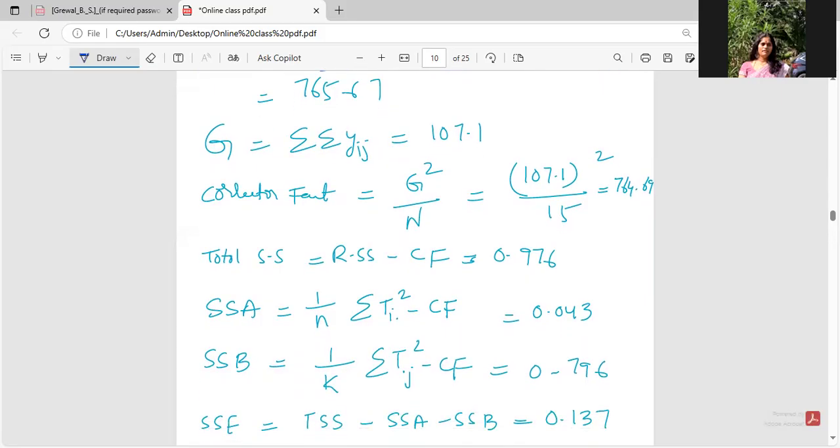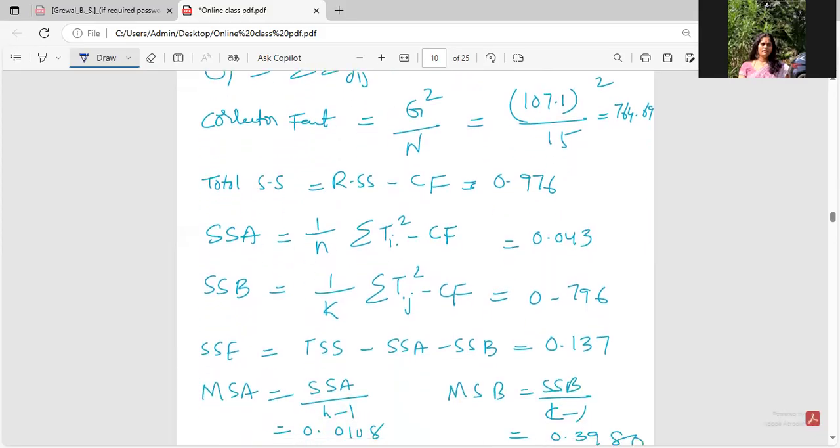Here 6 rows and 4 columns, so the total number of values would be 24. Then total SS would be raw sum of squares minus CF.